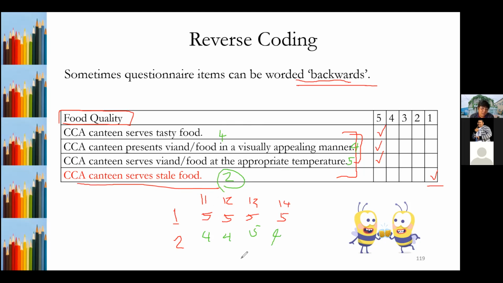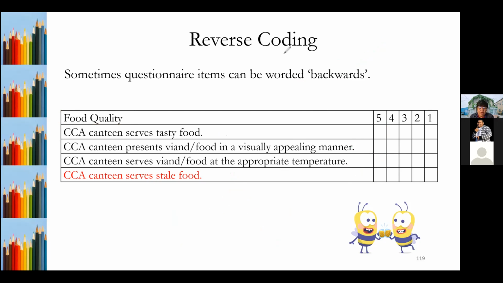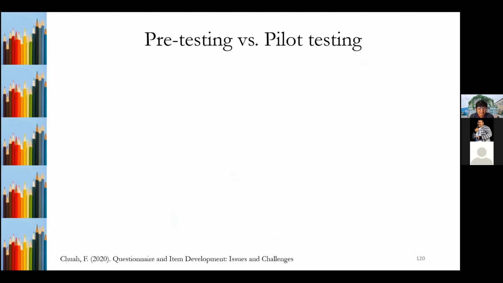So ang tabulation niyan is 4. Tawag natin dyan reverse coding. Okay? So that is also an important aspect sa pag-design ng instrument and lalo na kapag itatabulate na natin yung responses.